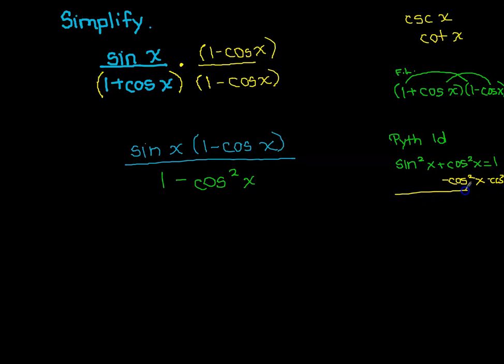In this case, I'm moving cosine squared to the other side because I want 1 and cosine squared together to find out what it equals. So sine squared equals 1 minus cosine squared. So because of that, I'm going to replace this 1 minus cosine squared with what it equals to, which is sine squared.